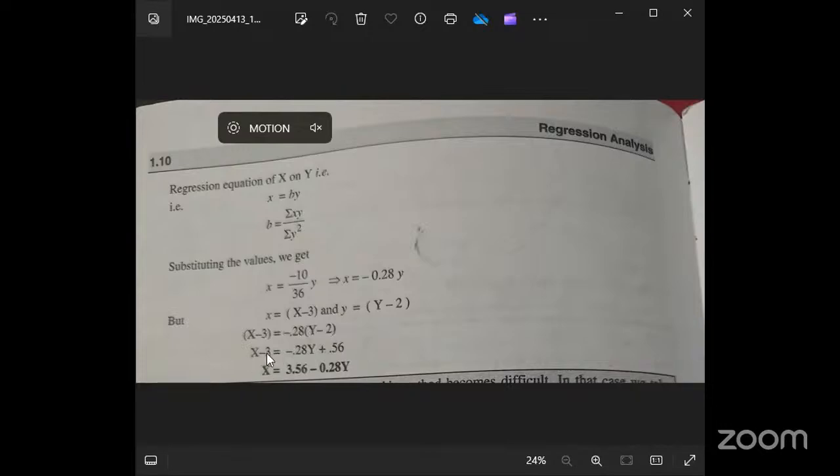So x minus 3 equals 0 minus 0.28y plus 0.28 into 2, which gives 0.56. So in the next line, x equals 3 plus 0.56 minus 0.28y. This is the other equation we got, that is x on y.